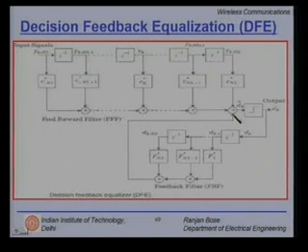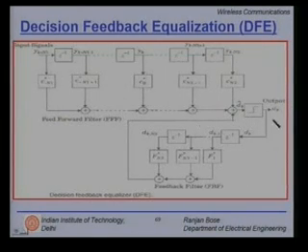Right. So, the philosophy is to estimate the intersymbol interference, because you have already detected the past symbols. So, you can predict the intersymbol interference it will cause to the subsequent symbols and subtract it out. So, if you can estimate the intersymbol interference that will be induced by the current decoded symbol, and if your decision is correct, then it is possible for you to subtract out the ISI.